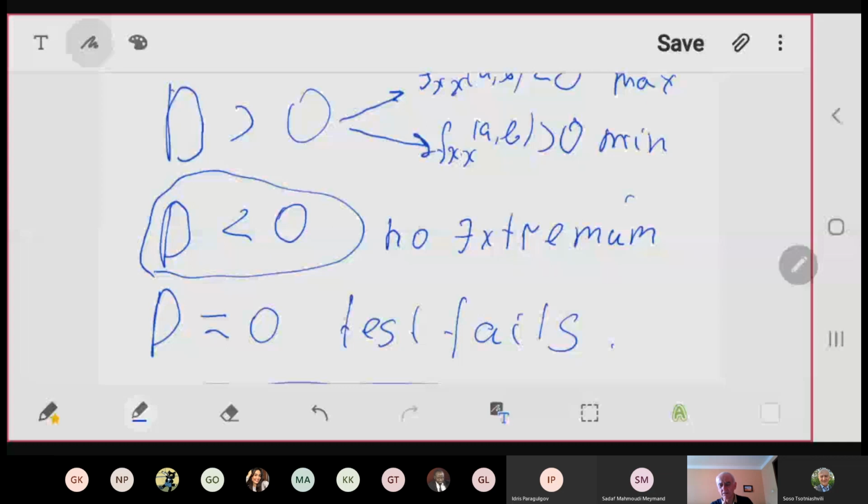Let me make one statement. From next week, there will be no homework, but these homework points, the maximum being 1.5, we will add to the presentation points.